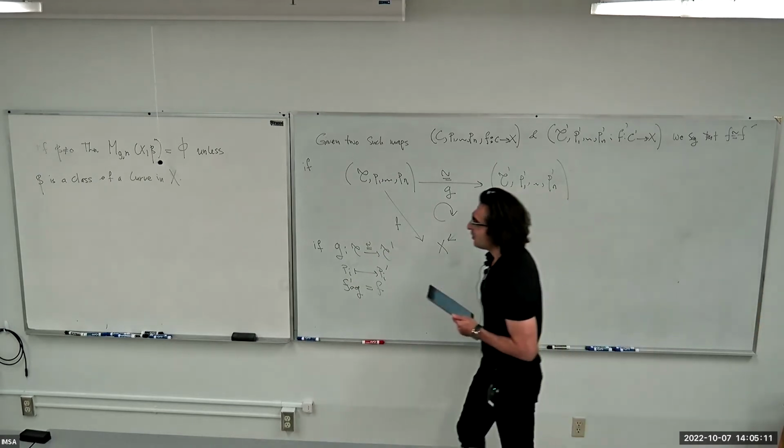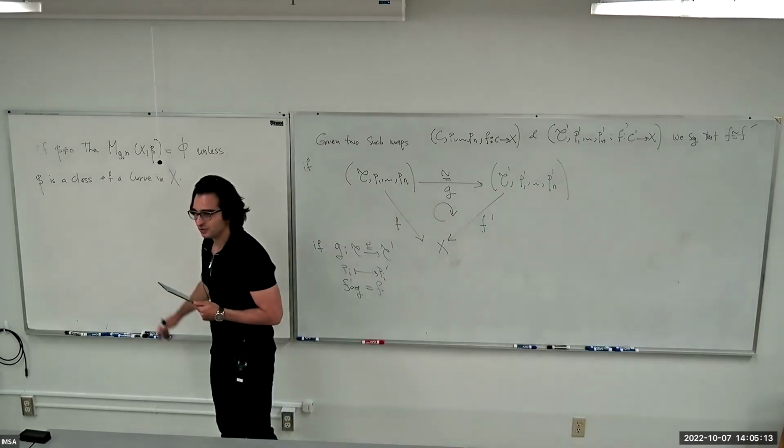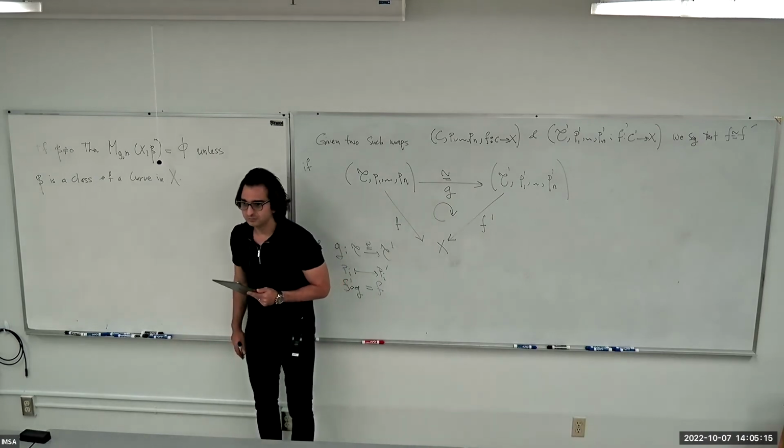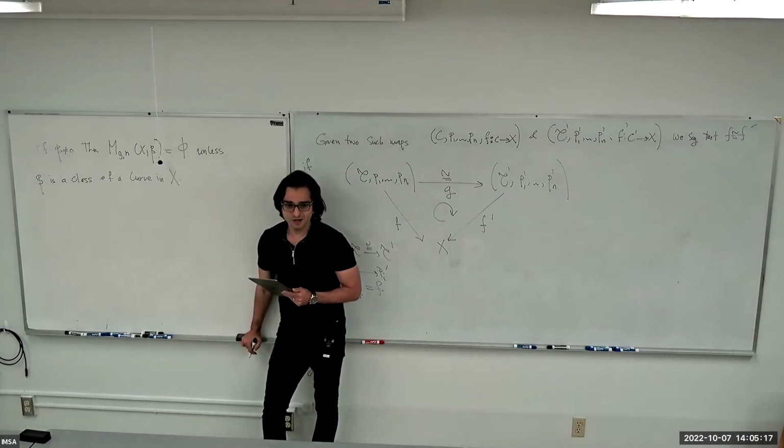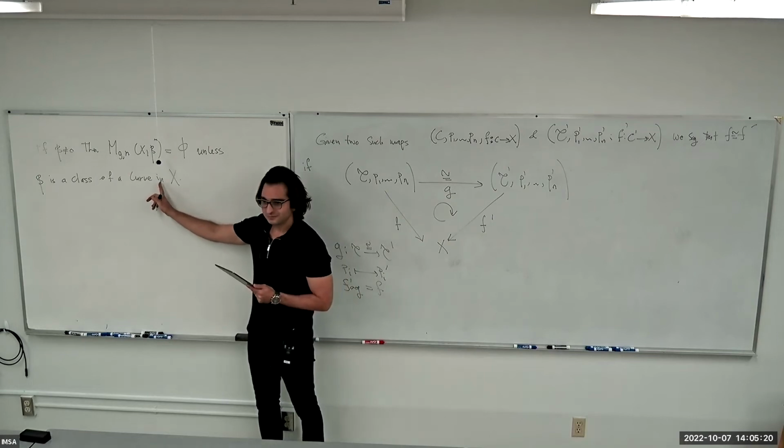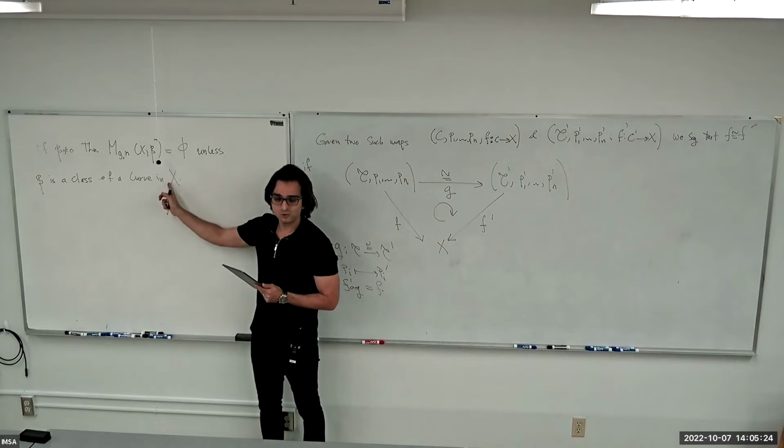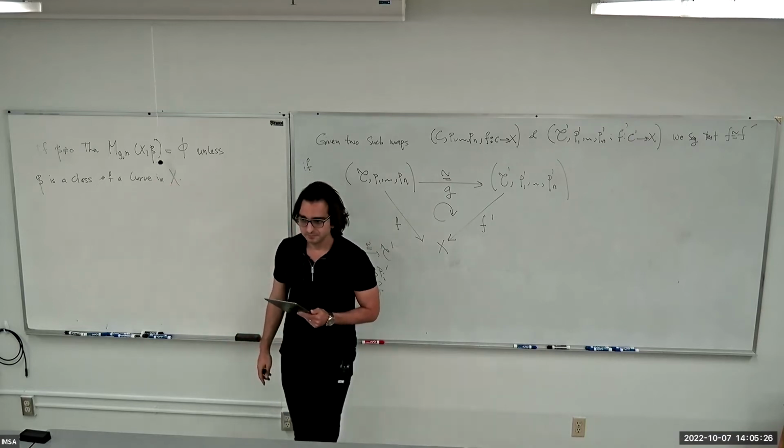Whether or not this cohomology class is associated always to an algebraic subspace is not known. If it is not the class of an algebraic curve, the moduli space for that particular choice of a class is going to be empty.